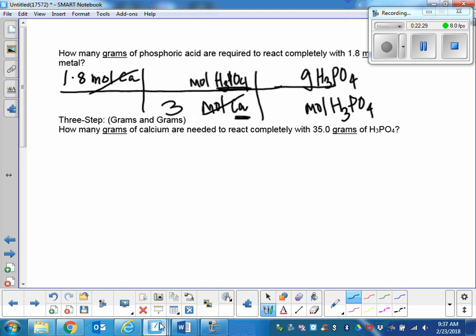What is the number before phosphoric acid? 2. And then this is phosphoric acid and phosphoric acid. What is the number before mole? 1. And what is the molar mass of phosphoric acid? 98.0. And you should know to do the math.